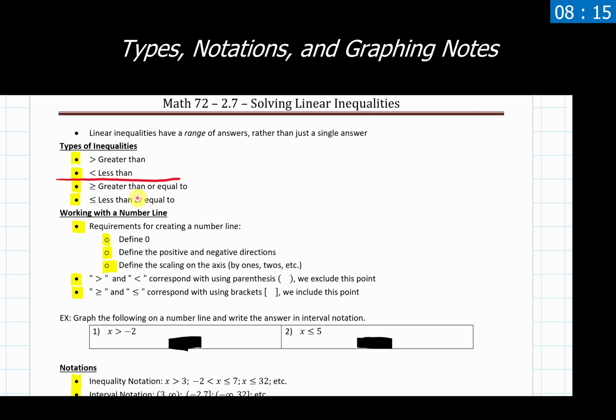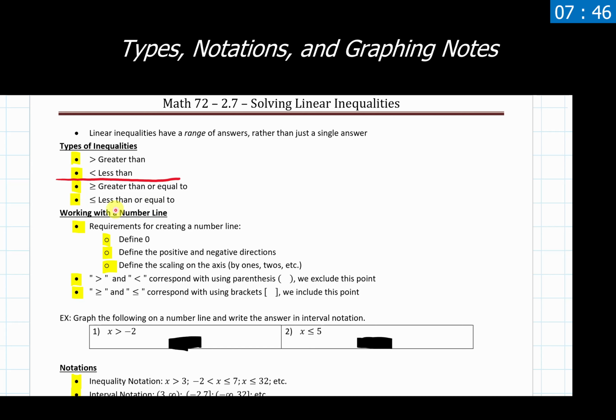We then have the greater than or equal to, less than or equal to symbols. Notice that these two have a little extra line underneath the inequality. That's the part that denotes that we have the or equal to part with these answers. So if we had something to the effect of n is greater than or equal to 5, that means we can have any number that is 5 or bigger than 5.